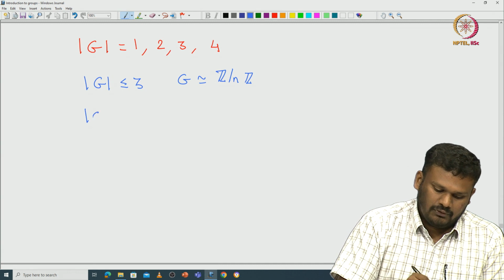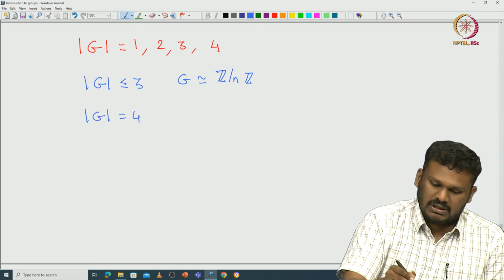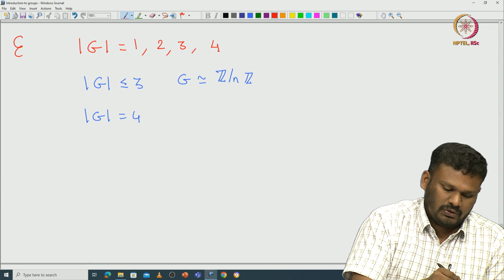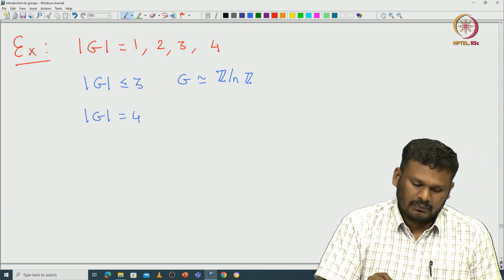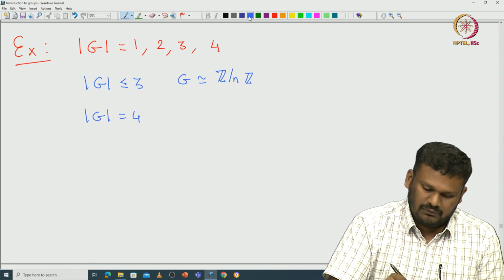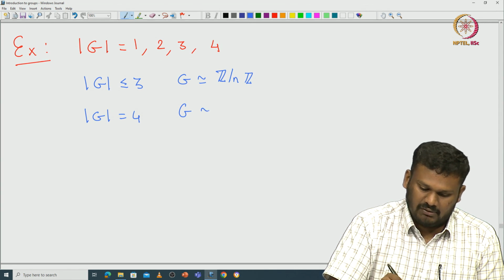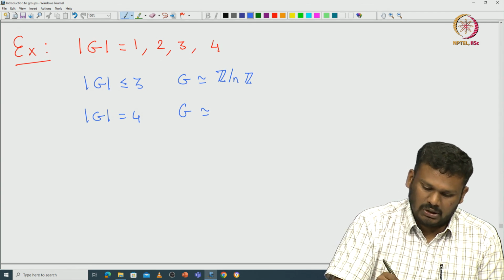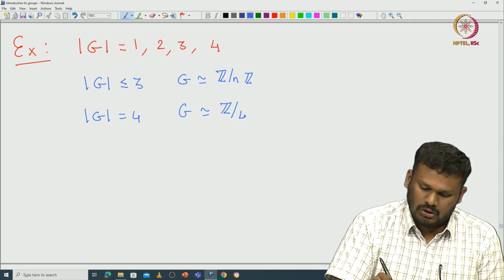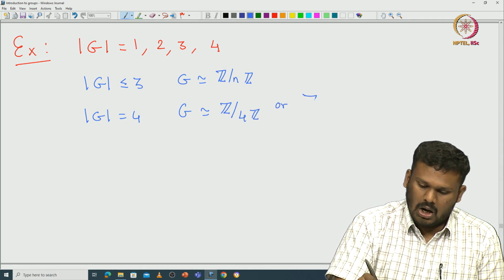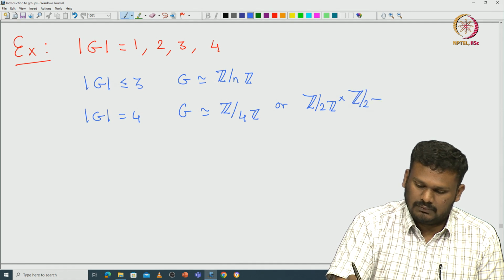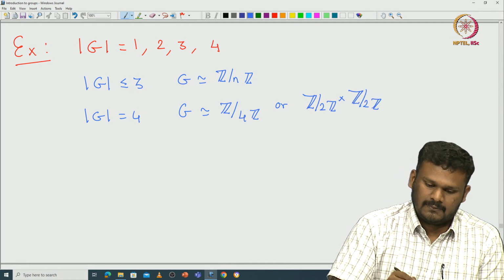I will leave it to you to verify. If the group has order 3, then G is isomorphic to Z modulo 3Z. If the group has order 4, then G is abelian, that we have already proved. So, G is isomorphic to Z modulo 4Z or Z modulo 2Z cross Z modulo 2Z. This is the only possibility.